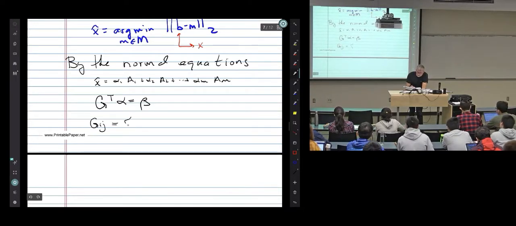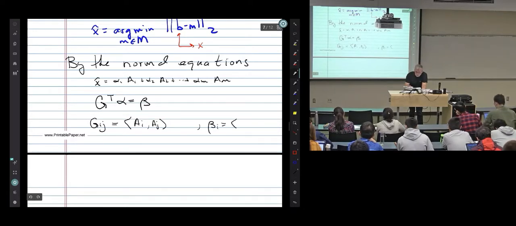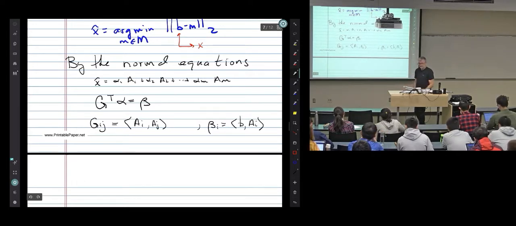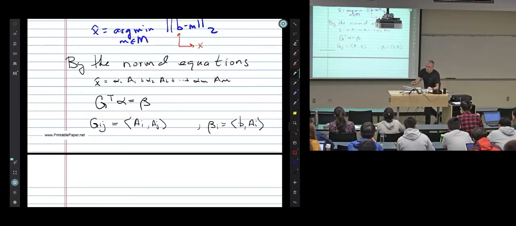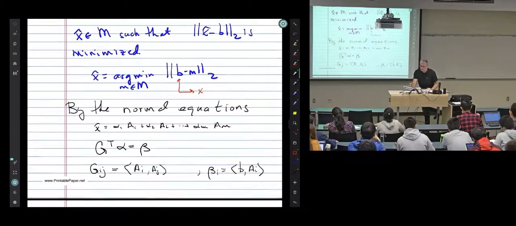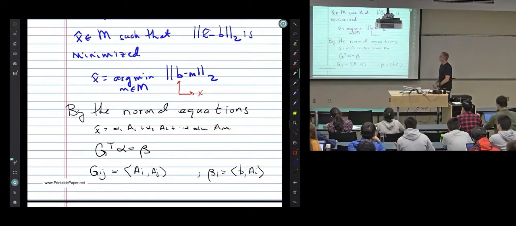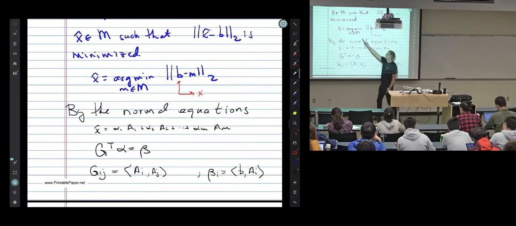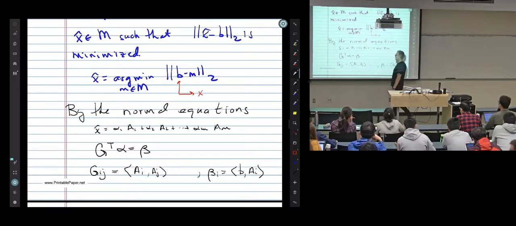Gij is the inner product of Ai and Aj, and beta i is the inner product of X, which is B, with Ai. So we're just writing down the normal equations once we know what we're really trying to do. M is spanned by the columns of A, that's the basis. A has rank M, so the columns are linearly independent.